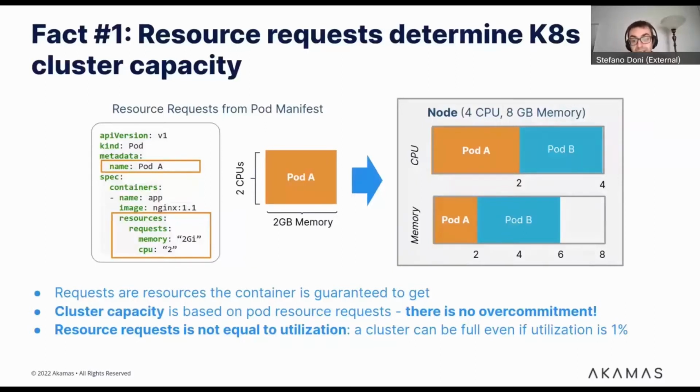This means we might very easily end up in a situation where our cluster is fully allocated in terms of requests, so there is no more space to allocate more applications, but at the same time the cluster may be highly underutilized. It may even be 1% utilization of CPU, while from a Kubernetes scheduling point of view, the cluster is considered capacity full.